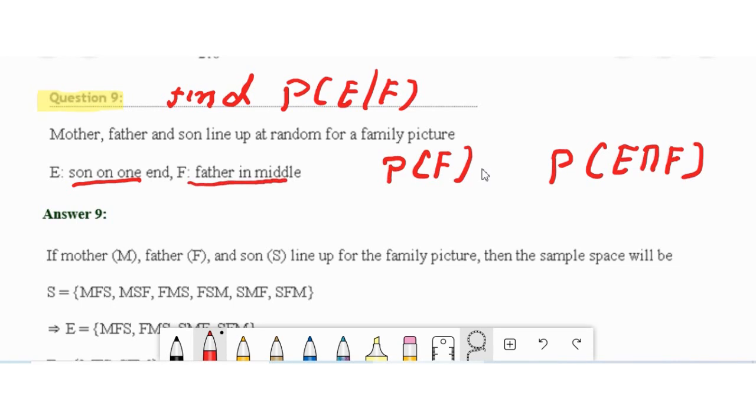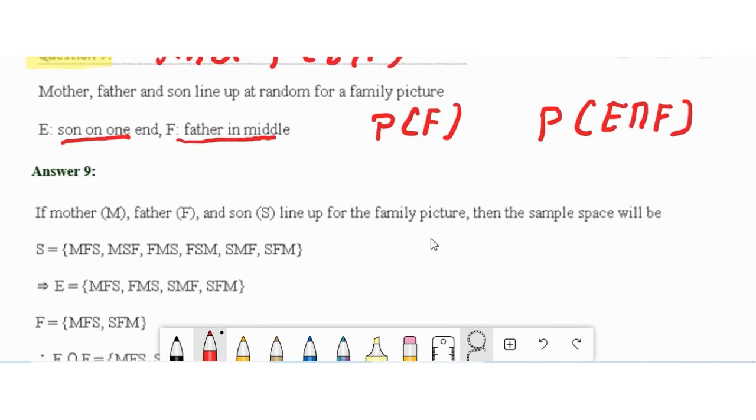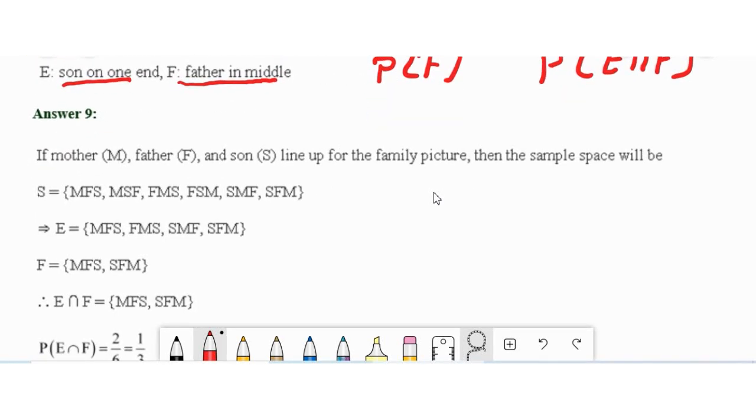Okay, first of all, let me write down all the outcomes. So, these are the outcomes: MFS, MSF, FMS, FSM, SMF and SFM. Alright, so these are the total outcomes. You can see 1, 2, 3, 4, 5, 6 outcomes we have.